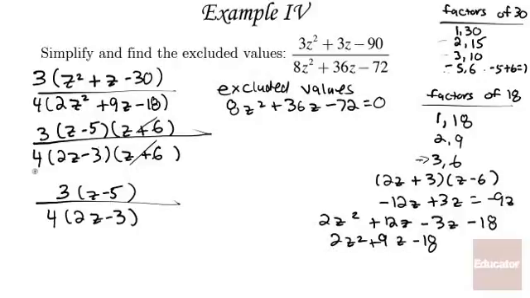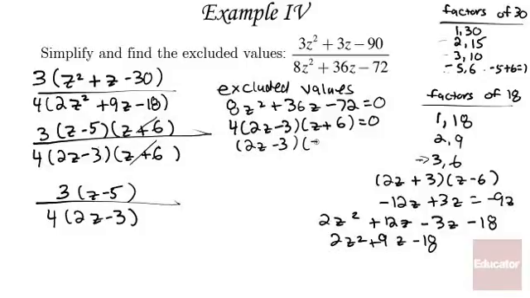So I just want to go ahead and look at what I've already factored. I pulled out a greatest common factor of 4 from the trinomial, and then I factored the trinomial into this. So that's going to give me 4 times 2z minus 3 times z plus 6 equals 0. Divide both sides by 4 to get 2z minus 3 times z plus 6 equals 0.